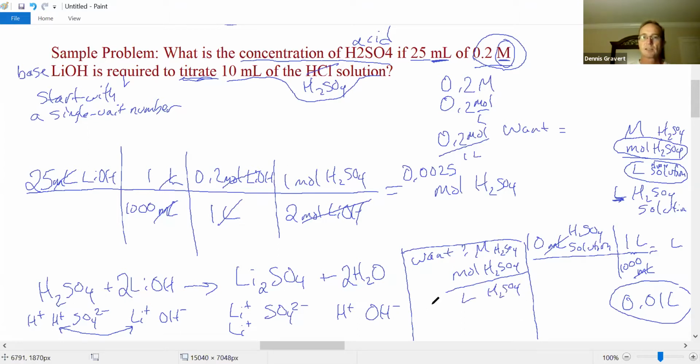Well, the liters is 0.01, and the moles, we just calculated it, it's 0.0025. Divide this out, and the answer is 0.25 molar H2SO4. There we go, yay. That's the concentration of sulfuric acid. Very nice. Okay.